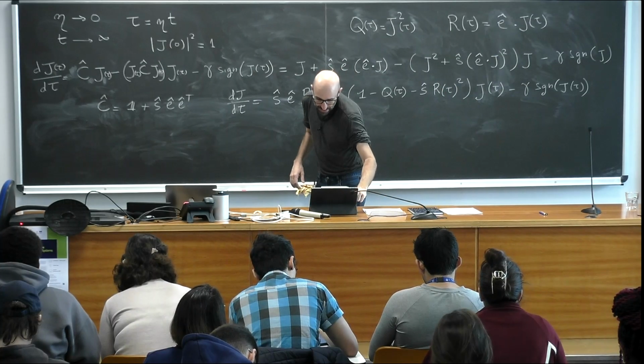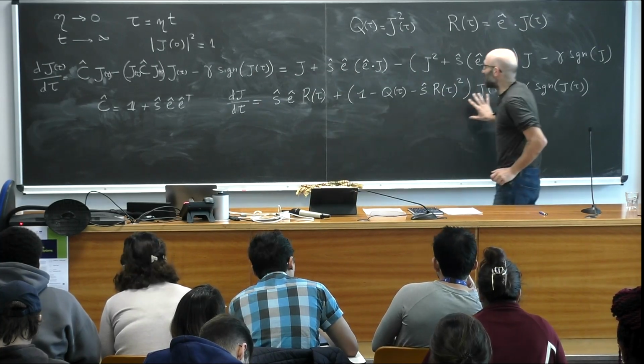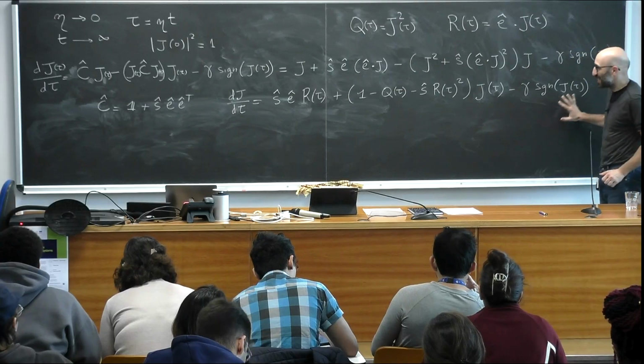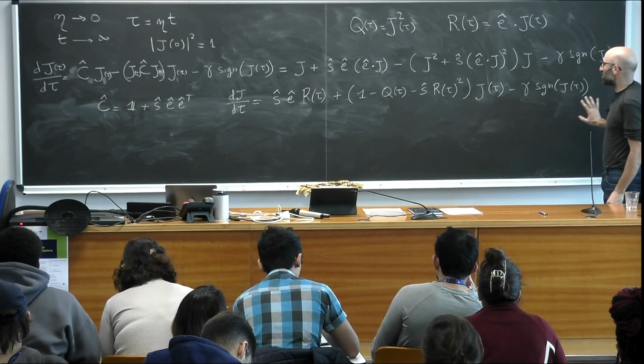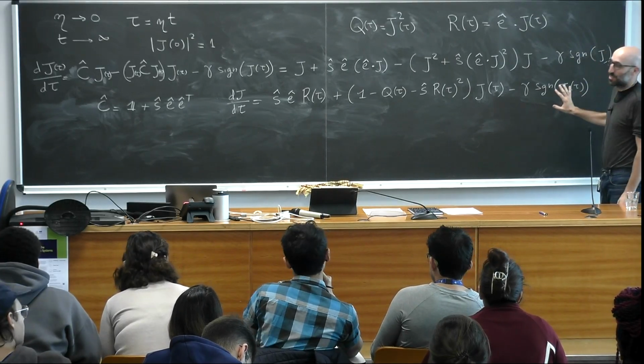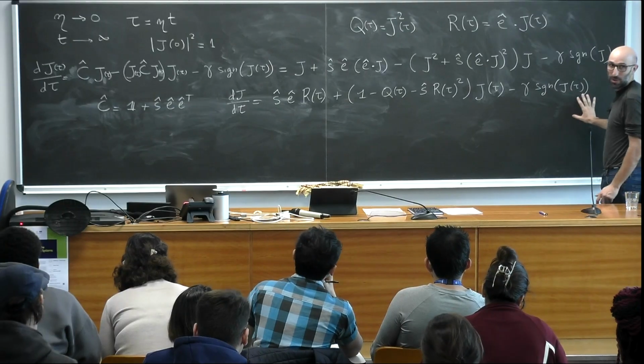Now, we still cannot really solve this in general, but what you can see from here is that J equal to 0 is a fixed point.